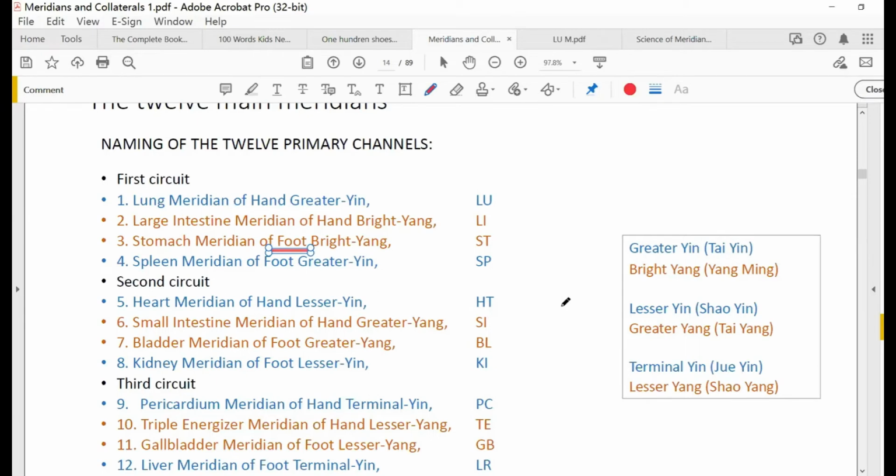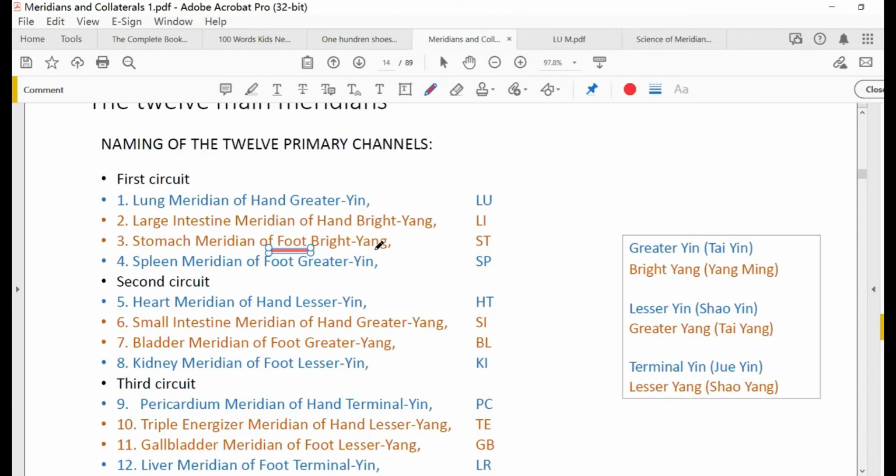So that means this meridian, if it's a foot meridian, it means it either starts from or stops at the foot region. Either start or end.